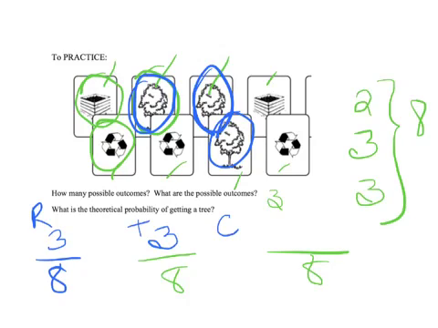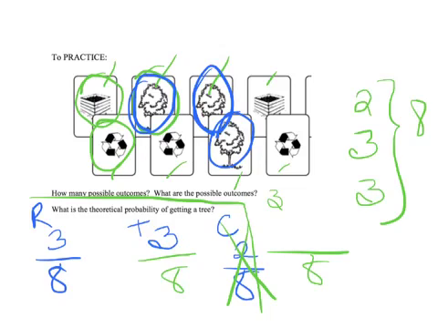For the compost sign, there's only 2 out of 8. So if you were asked which one is our best bet for a choice, the compost sign is not your best bet. Recycle sign and tree are equally as likely. Either one of those would be a good choice.